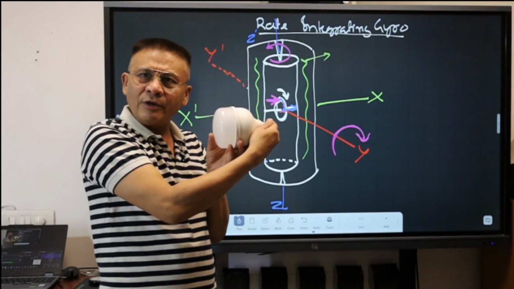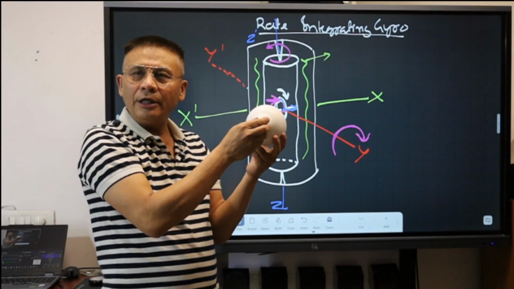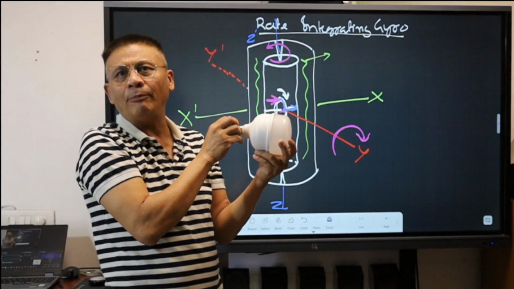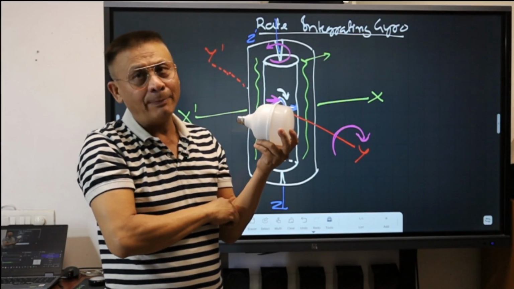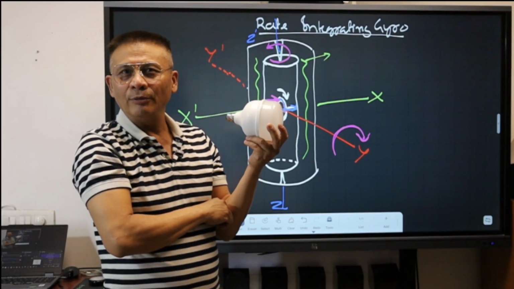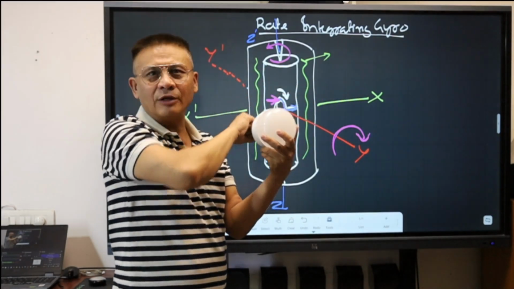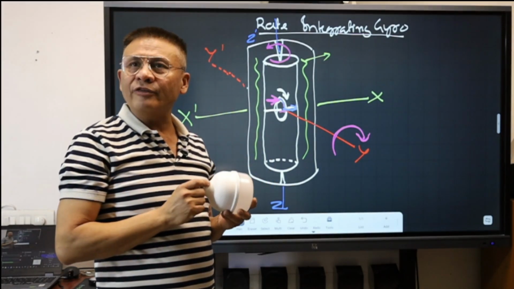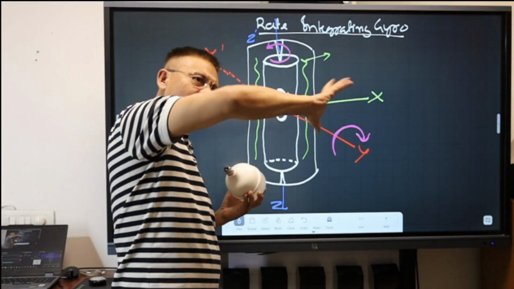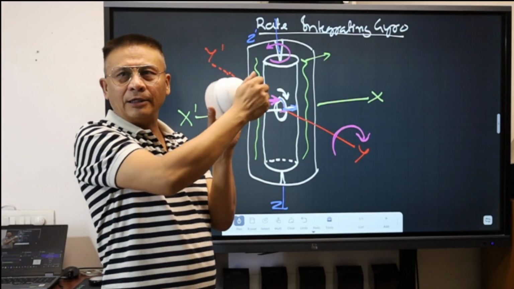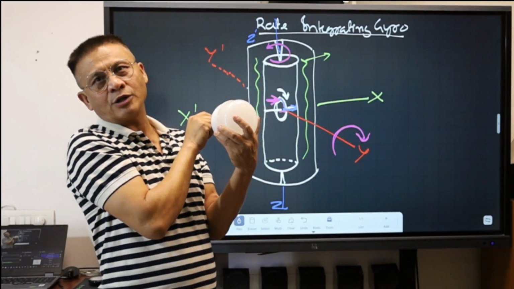And the rate at which the gyroscope is turning, precessing, will depend upon the amount of force I am applying, right? More the bank, more will be the turn. So can I derive a relationship between the rate at which I am applying the force and the rate at which the gyro is turning?